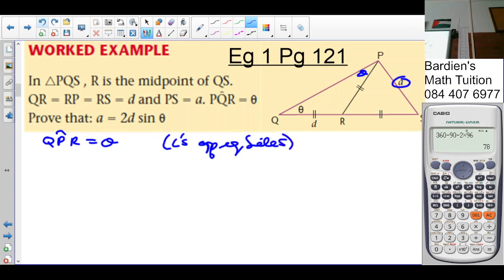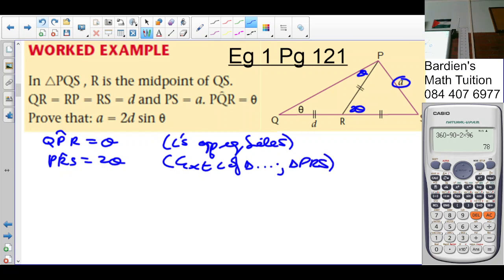Then we say that angle PRS is equal to 2 theta. Why? Exterior angle of triangle PRS. Remember, this is already given, d and d, so I don't have to state that because it's clear, it's given.